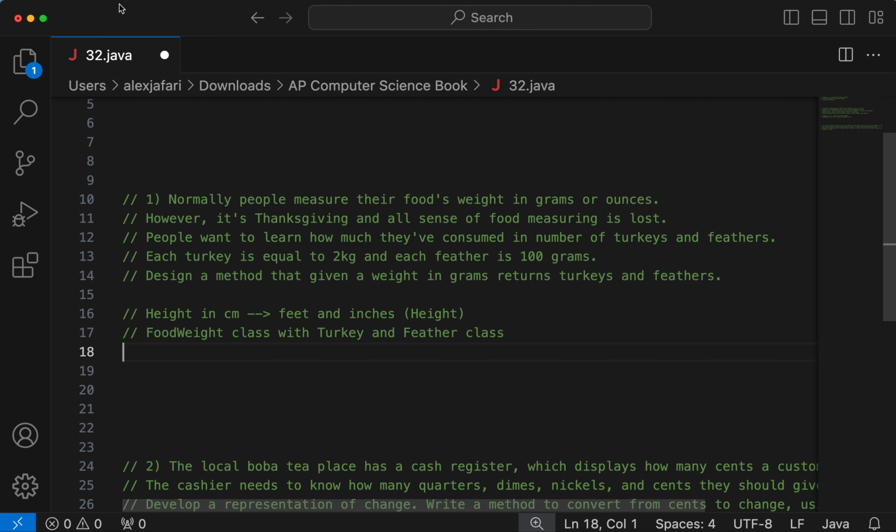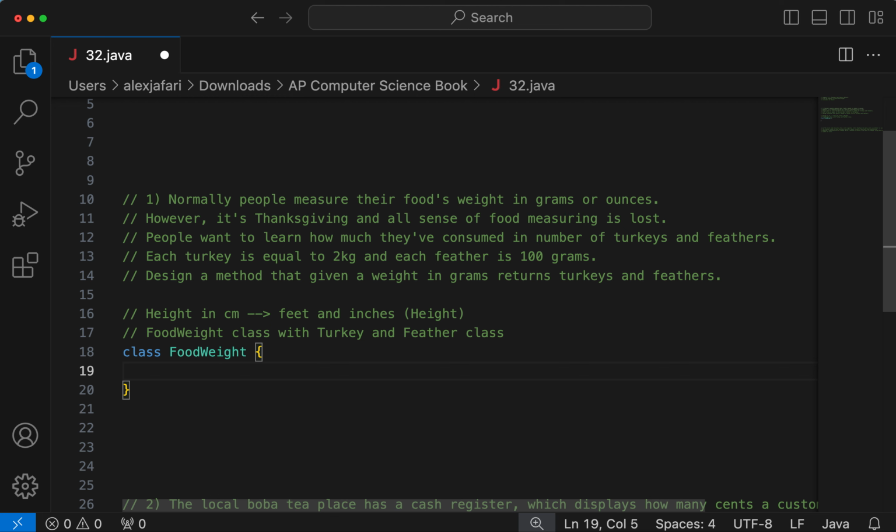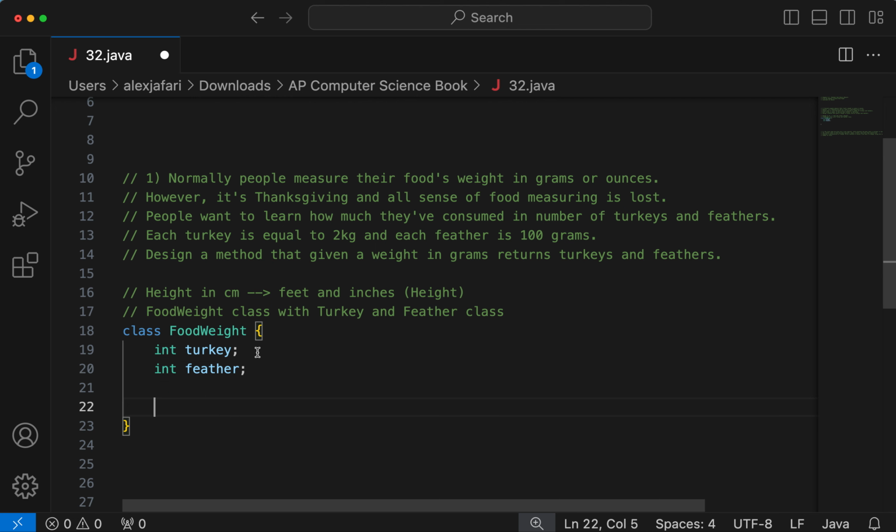So we can do this. Normally you would create a new file, so we would say class food weight, and you said it would be two ints, so int turkey and int feather, right? Exactly. And then the comments, once again, never forget, it's going to be 2 kilograms, and this is going to be equal to 100 grams, right?